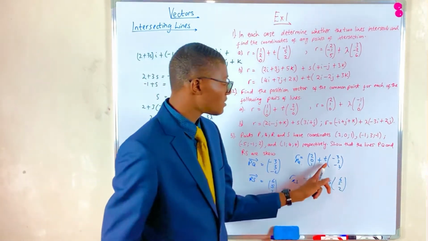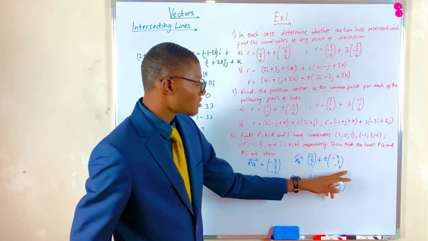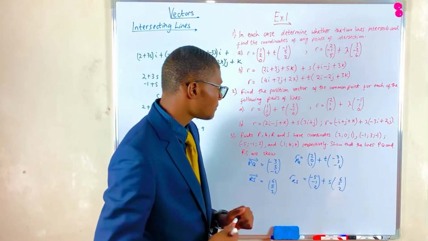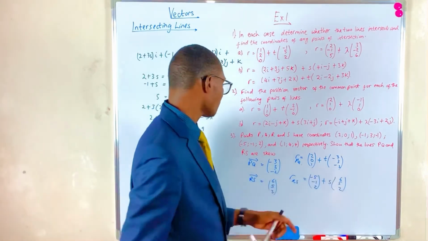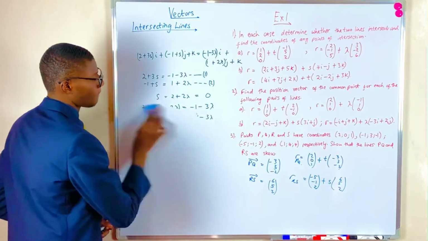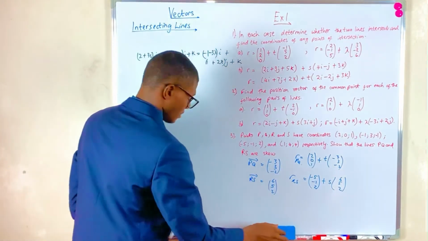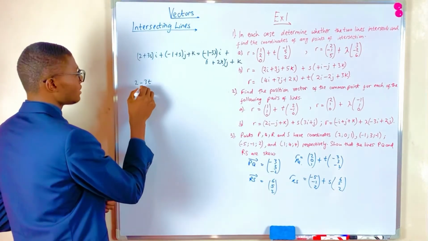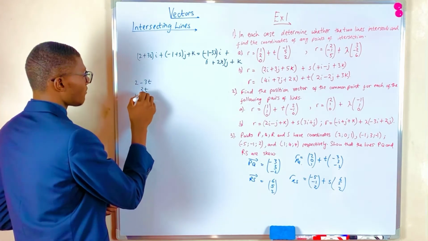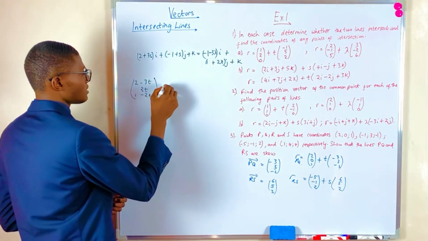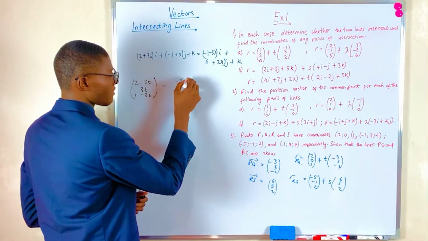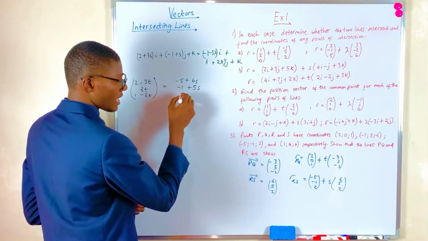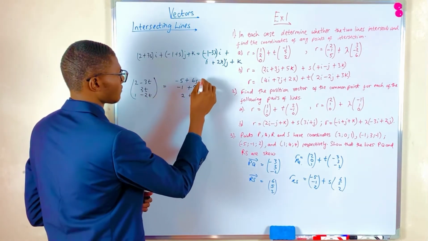So if these are skew, it means that for the values of t and s, the position vector of the common point is different. So we need to combine these two. Allow me to erase this part here. Right. So we're saying that (2 - 3t, 3t, 1 - 2t) is equal to (-5 + 6s, -1 + 5s, 2 + 2s).